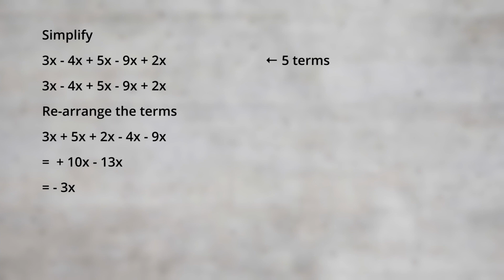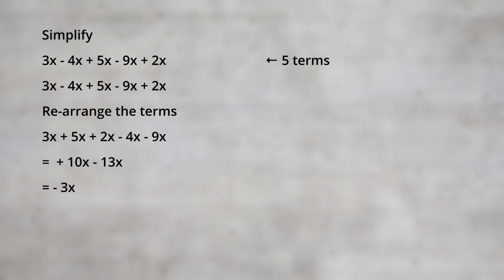Look at this next example. 3x minus 4x plus 5x minus 9x plus 2x. There are 5 terms, all with x. They are like terms, but some are positive and some are negative. I find it easier to rearrange the expression with all the positive terms at the front and the negative terms at the end.